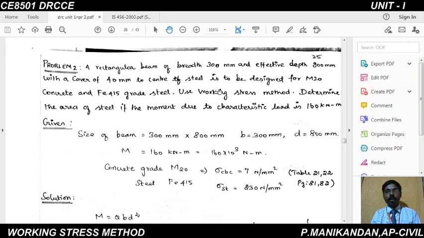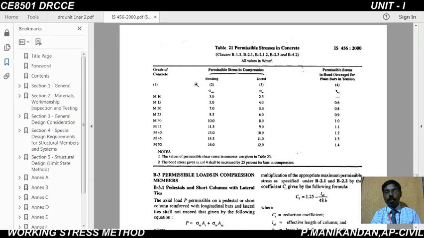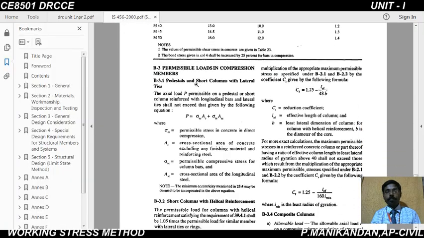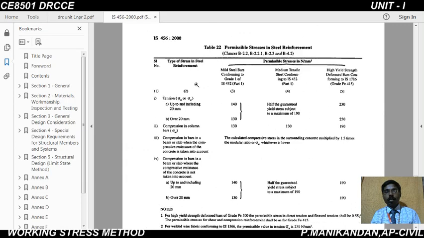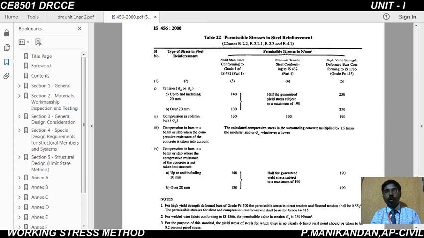Then for Fe 415 steel, we have to find the sigma ST value. For that, we refer to Table 22, IS 456, the permissible stresses in steel reinforcement. As the steel is in tension, we refer to the tension parameter.